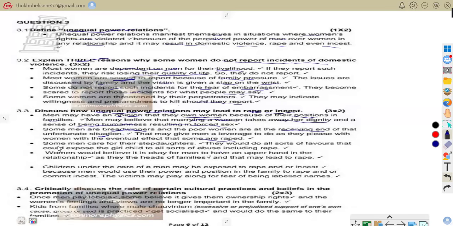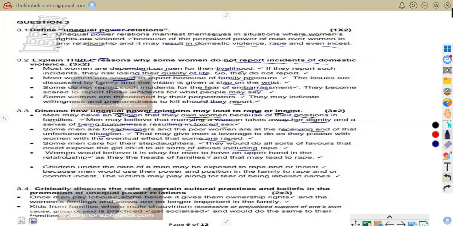Also, some men care for their stepdaughters. They will do all sorts of favors that could expose the girl child to all sorts of abuse, including rape. When you say some men care for their stepdaughters, you are talking about abuse of authority.